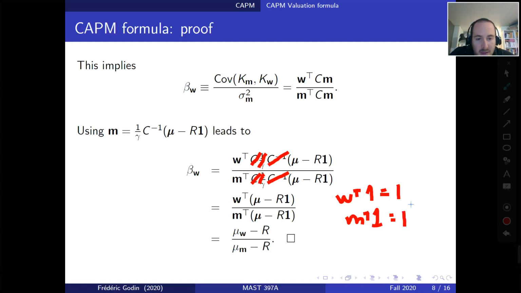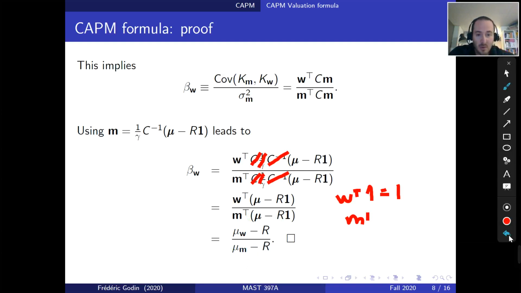If we apply these two equalities, this is equal to the expected return on the portfolio W minus R times W transpose 1, so simply R. And at the denominator, we have the same thing, but this mu is the expected return of the market portfolio.